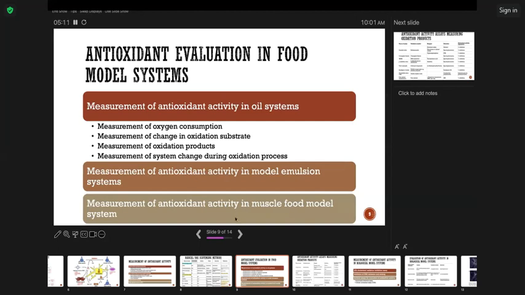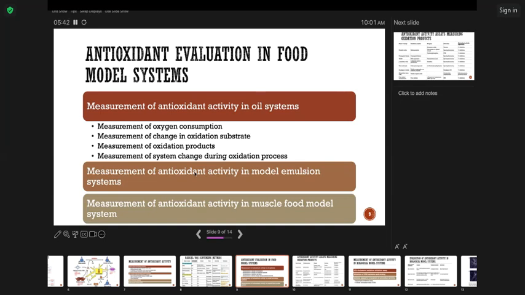All right. So the second one, measurements of the antioxidant activity in the model emulsion systems, and the third one, measurements of the antioxidant activity in muscle food model systems. What I want to emphasize is that you can focus on the antioxidant activity in oil, then in emulsions, as well as in muscle foods.